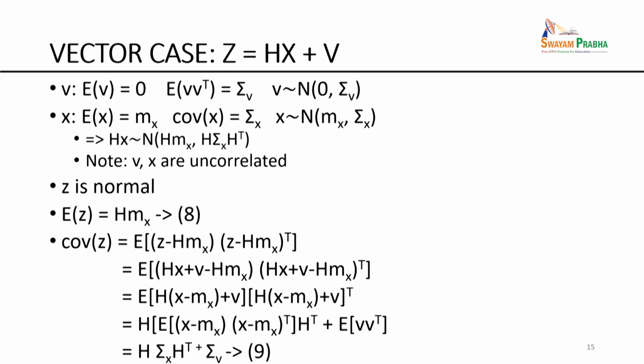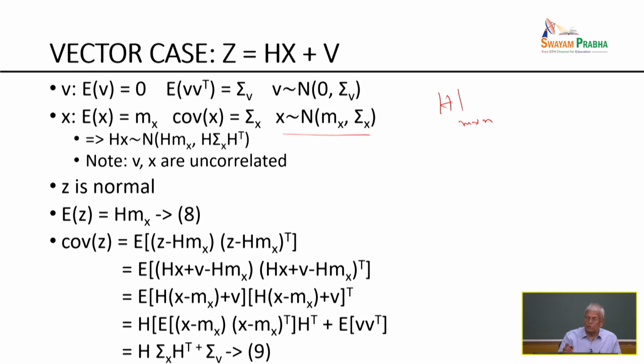Now I am going to consider the vector case. Z is equal to h of x plus v. H is my original matrix that is given to me, which is m by n. Please remember, x is a random vector whose mean is m of x, whose covariance is sigma x. V is a random vector which is Gaussian, whose mean is 0 and covariance is sigma v.